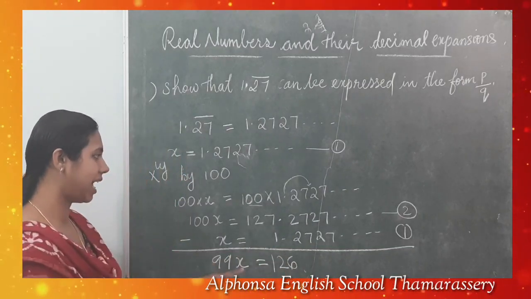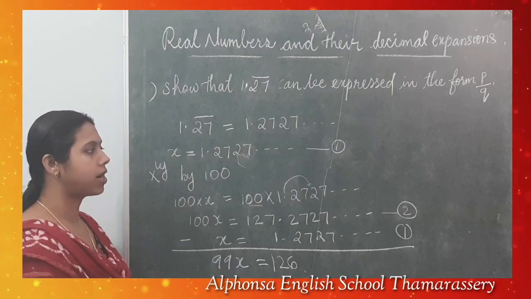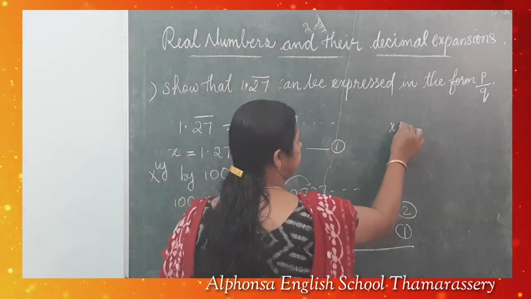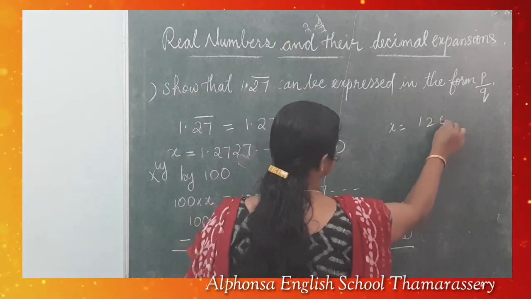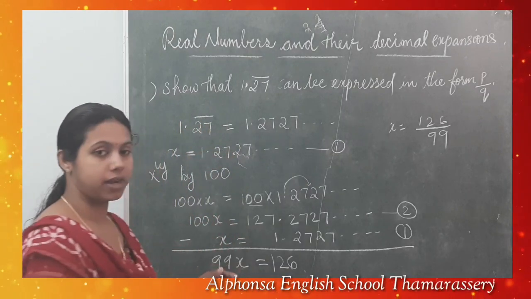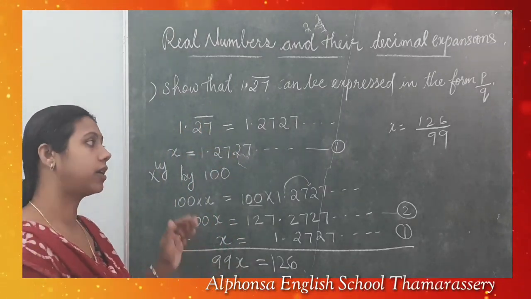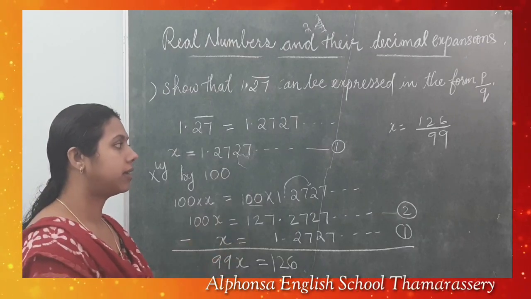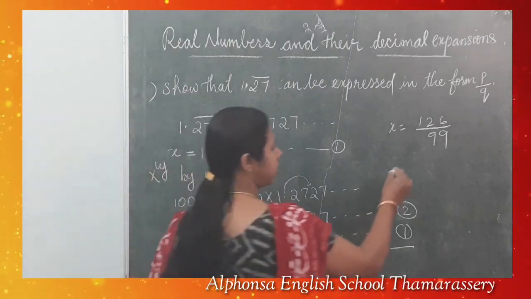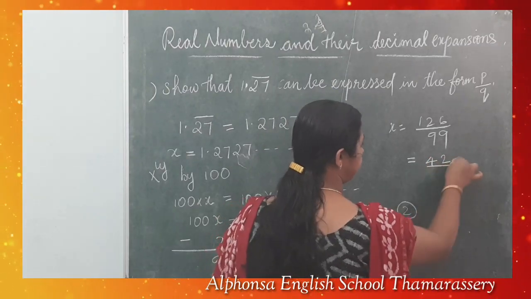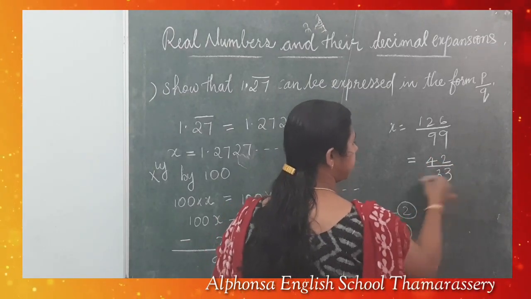So 99x is equal to 126. Therefore, x is equal to 126 divided by 99. If there is a common factor, you can take it out or you can write it in the lowest form. I think 3 is the common factor, so it will be 42 divided by 33.